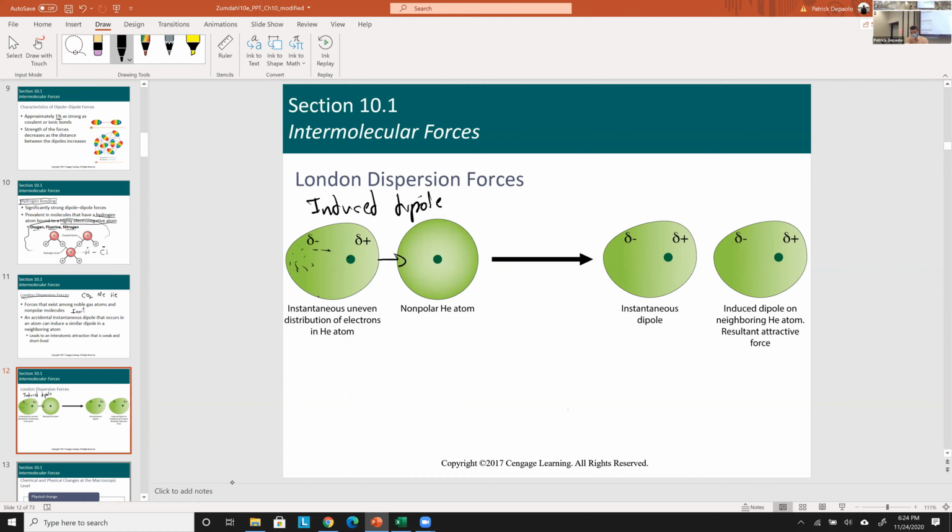This then influences the adjacent atom, which didn't change, so all of its electrons face the positive end over here, and the back will therefore be a positive end because it is electron deficient. All the electrons are in the front. So it's an induced dipole by a collision, by some kind of energy change.